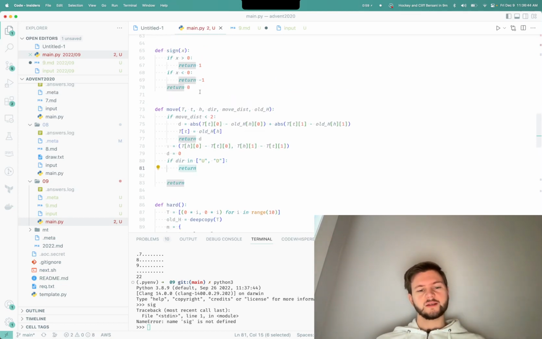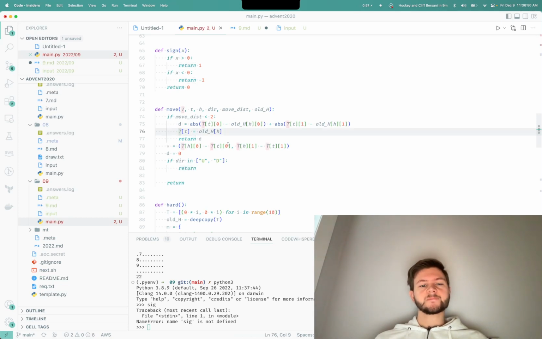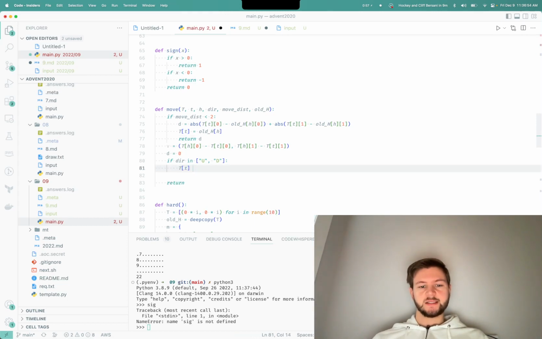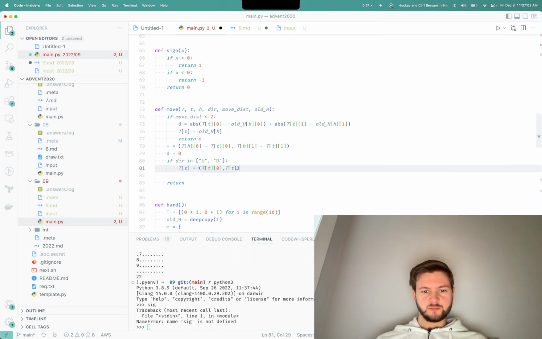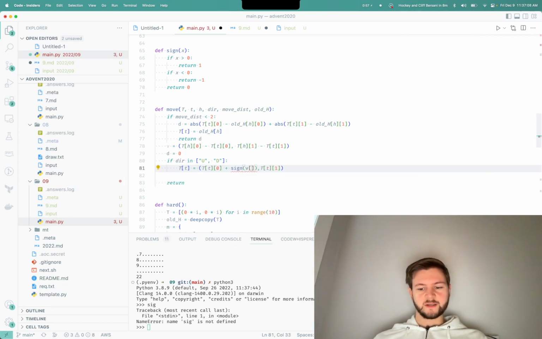So we have t equals 0 and 1 plus sine of vector 0.